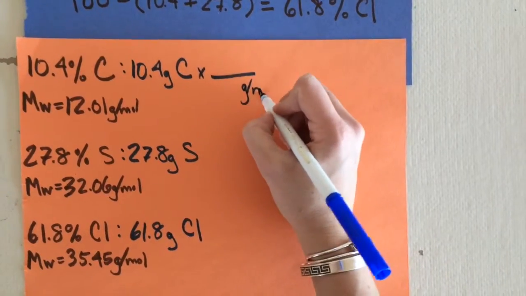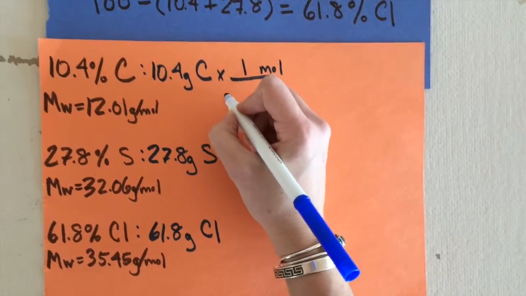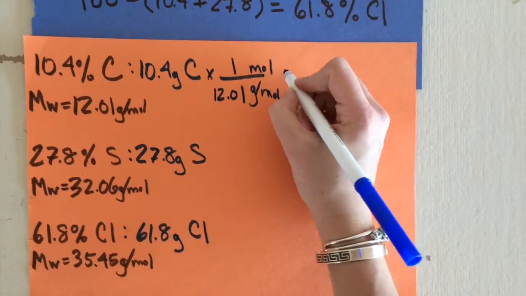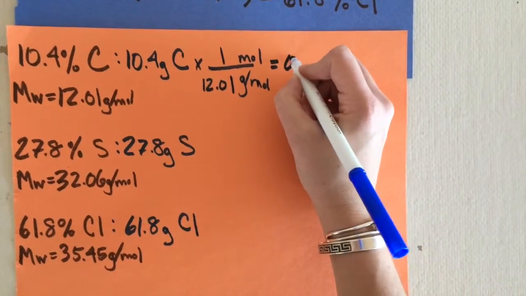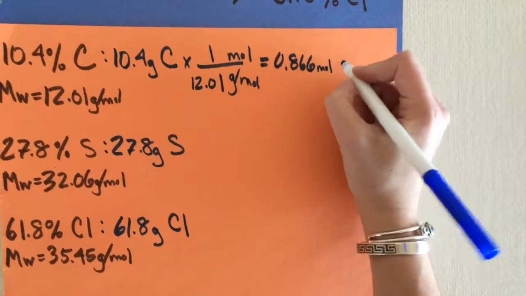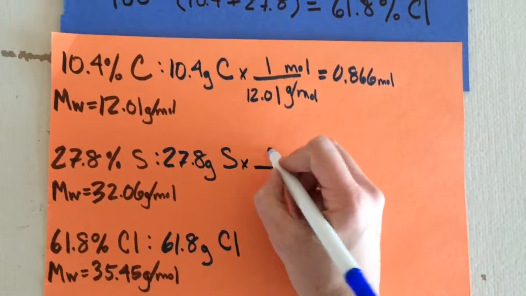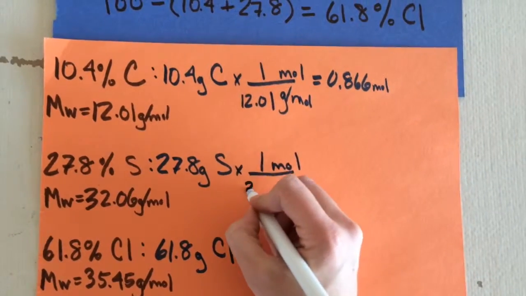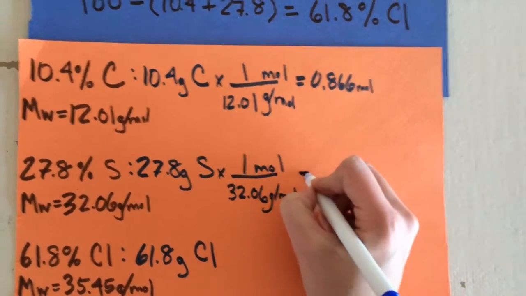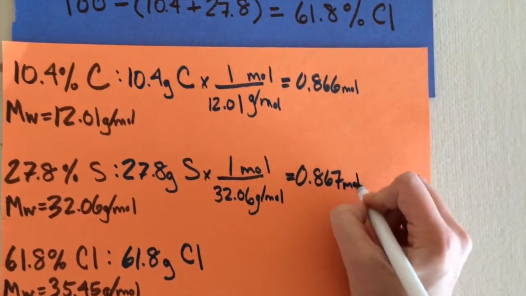Grams per mole. And the number of moles, there's 1 mole in 12.01 grams per mole of carbon, which equals 0.866 moles. And now we'll do the same thing with sulfur using dimensional analysis. 1 mole over 32.06 grams per mole, and that equals 0.867 moles.